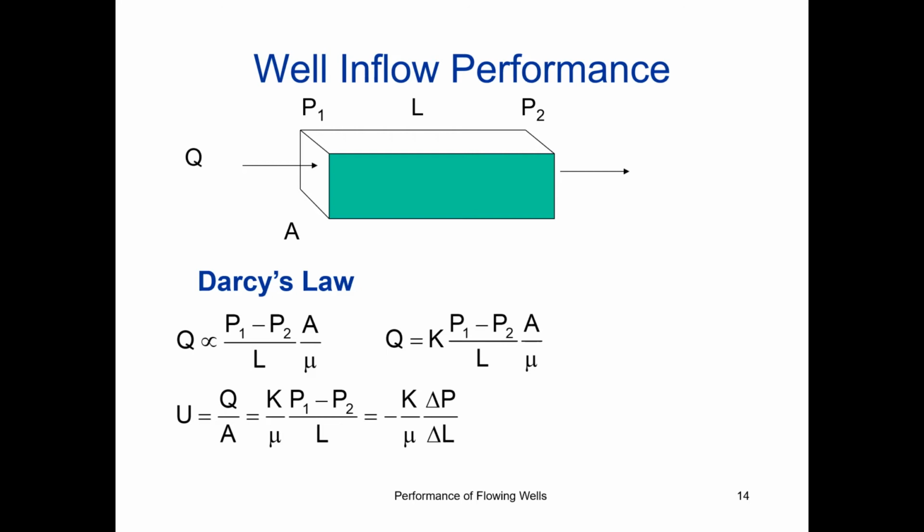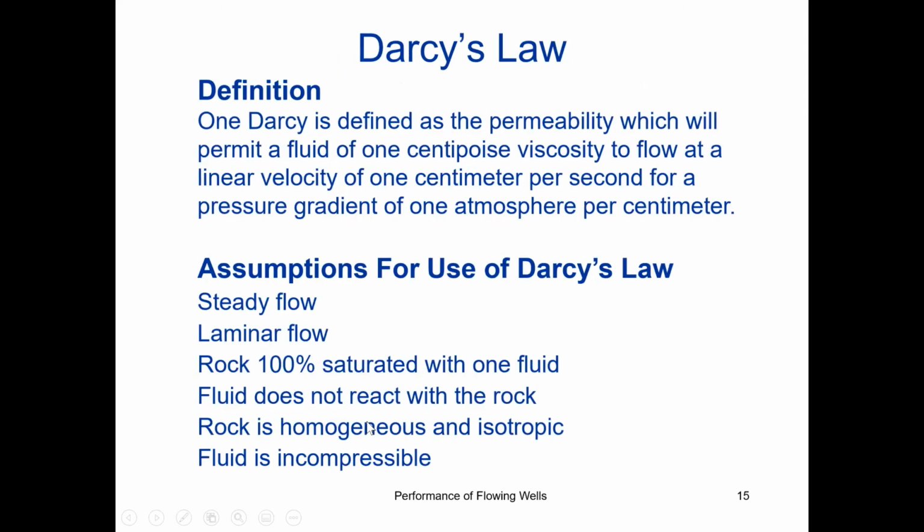So velocity, flow rate divided by area, is equal to K divided by mu times delta P. Delta P is P2 minus P1, so there is a negative sign here.